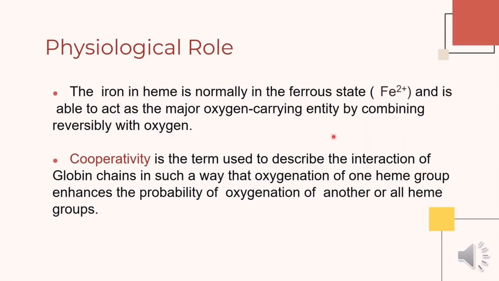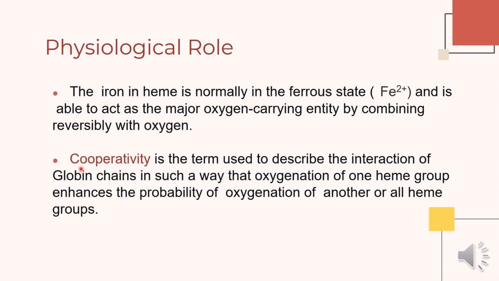The physiological role of hemoglobin, like I said, the iron in heme is normally in the ferrous oxidation state, Fe2+, and it's able to act as the oxygen-carrying entity by combining reversibly with oxygen.